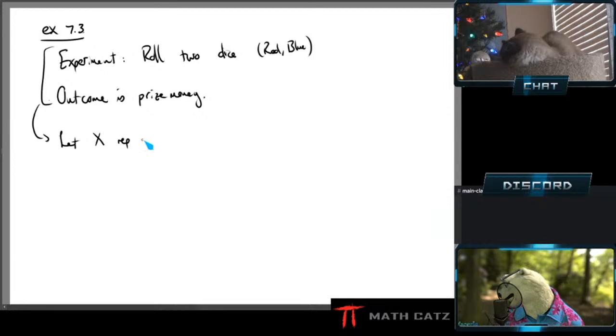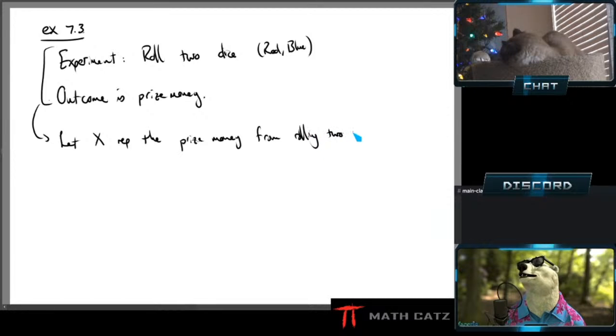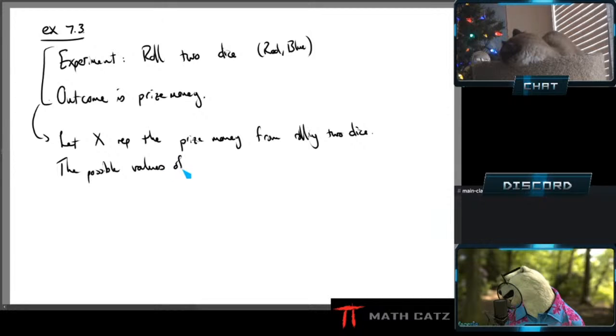So we're going to say let X represent the prize money from rolling two dice. Now, of course, there's more in here. The possible values of X, listing that would clarify a little bit more what could happen.